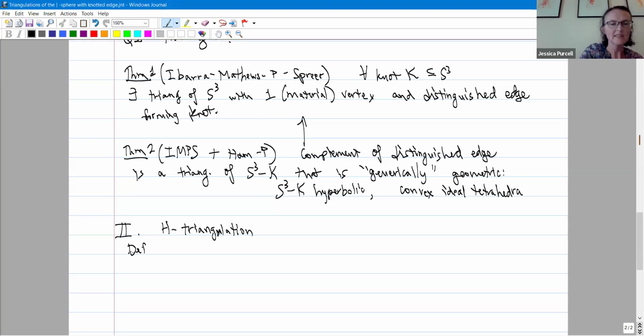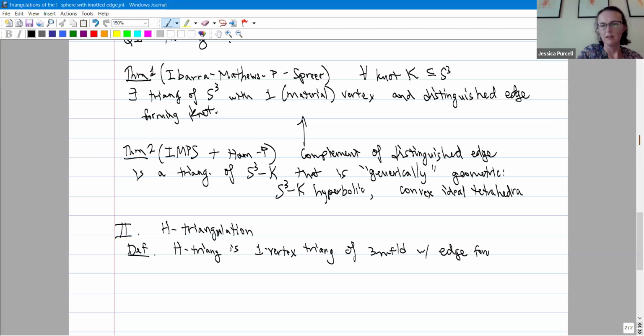An H triangulation is a one vertex triangulation of a 3-manifold with a distinguished edge forming a distinguished knot. Okay, so forming a fixed knot.